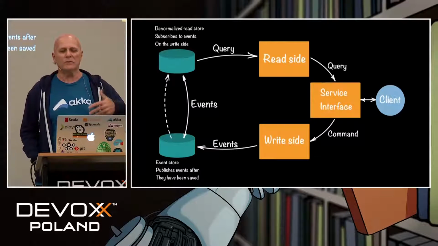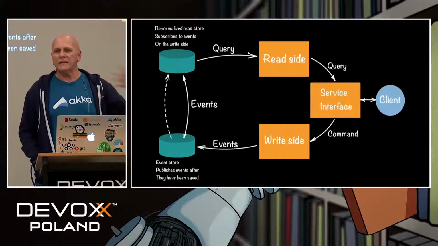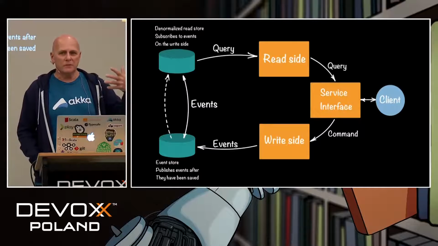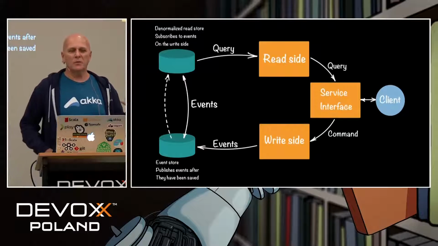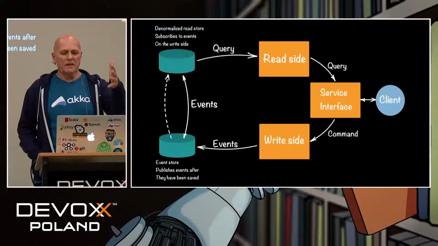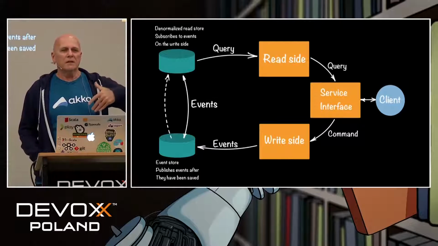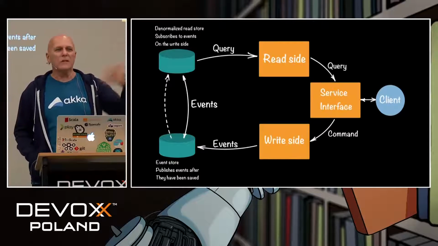On what's called the read side, you have another database, another data store where you're persisting data that's optimized for queries. So this is what I'm showing here in the diagram on the left, where these events are being communicated to the read side.